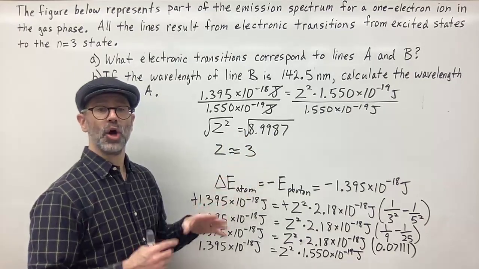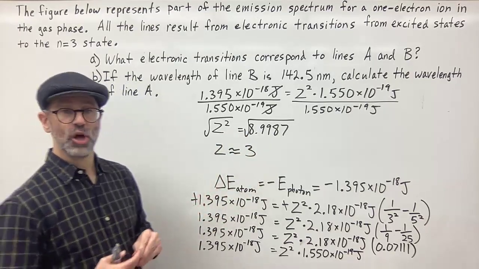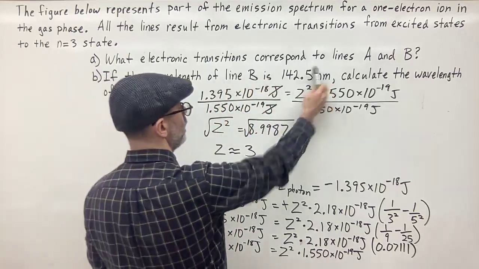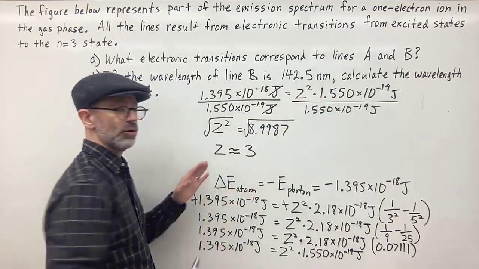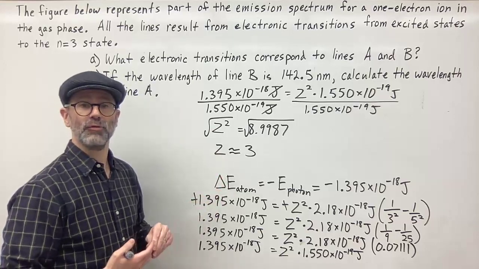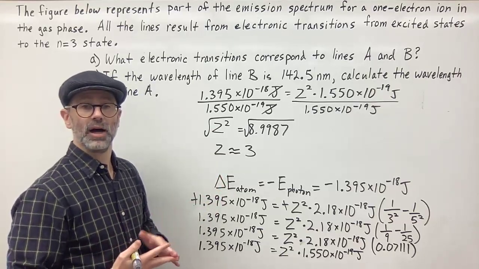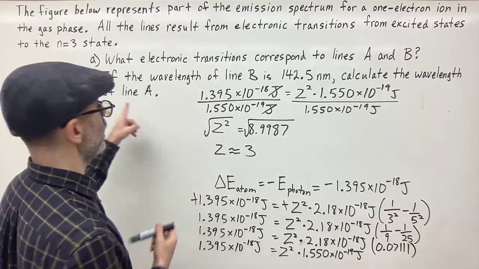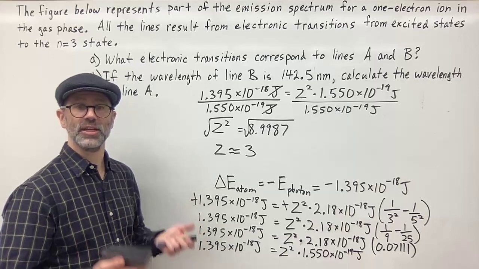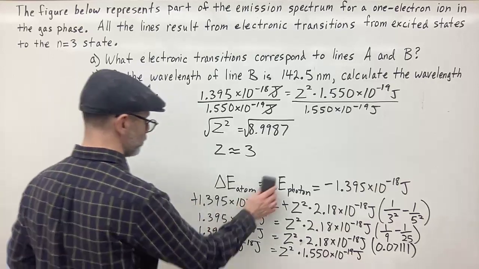So now I know what z is. So I use the information that I got for B to get z. So now I can plug this back into the equation to solve for the wavelength of line A. But I need to get the change in energy of the atom first.